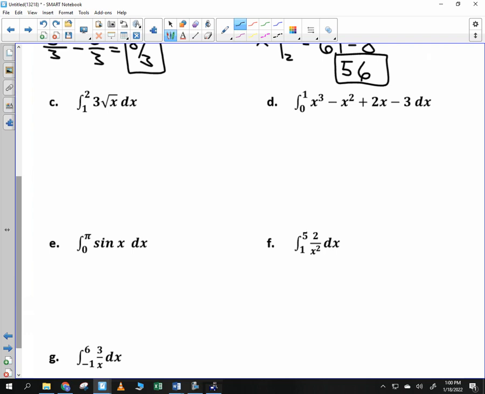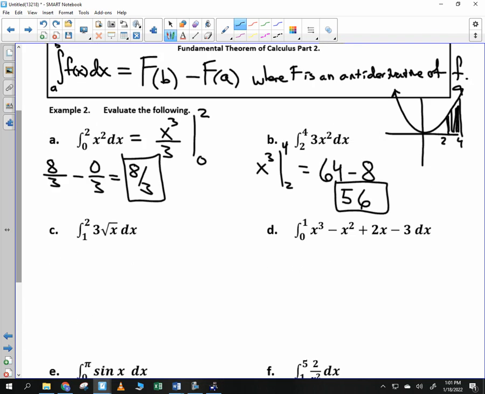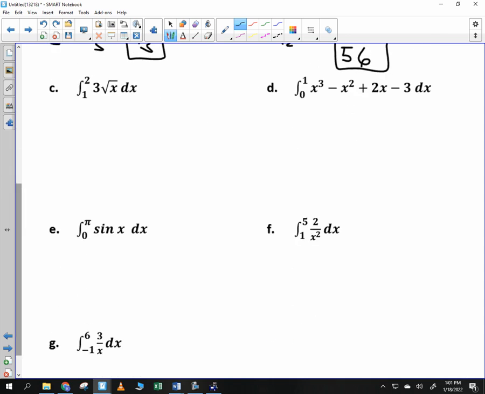Oh, what about letter C? Yes, question. The way I take the antiderivative is I add 1 to the exponent, and I divide by the new exponent. We good? So the key is to start by finding an antiderivative. In this situation, 3 roots of x.